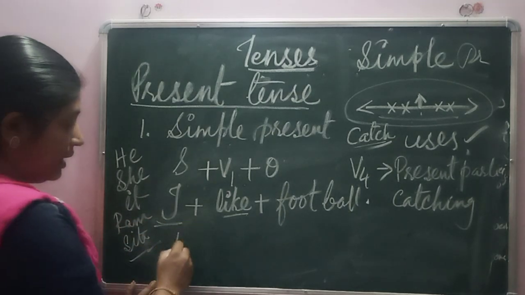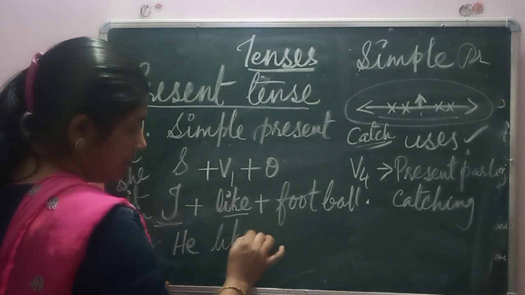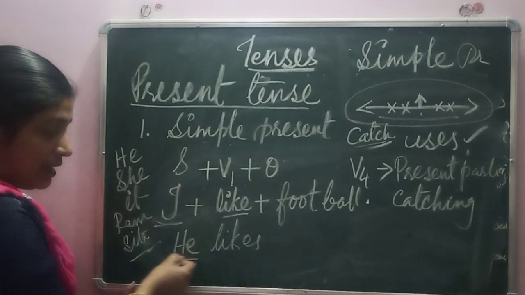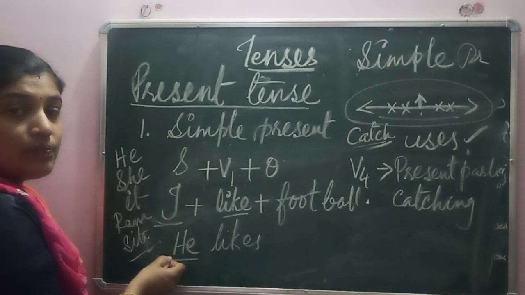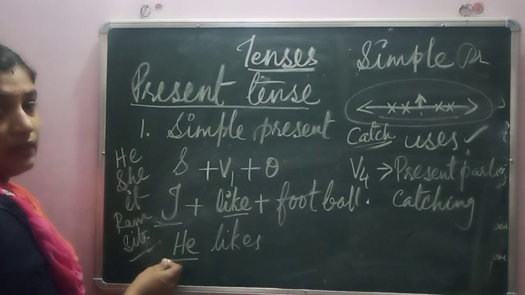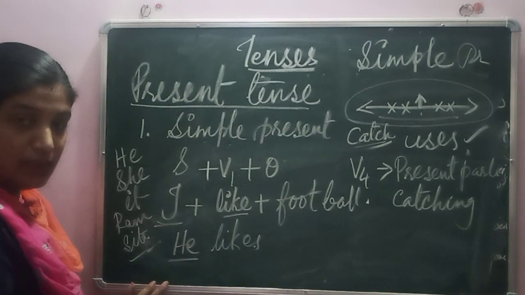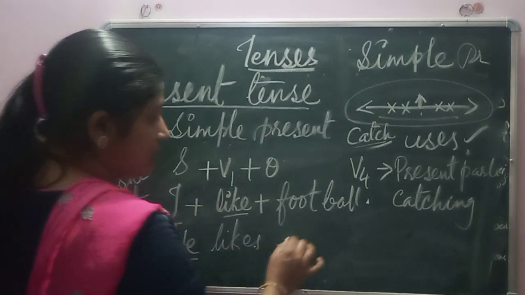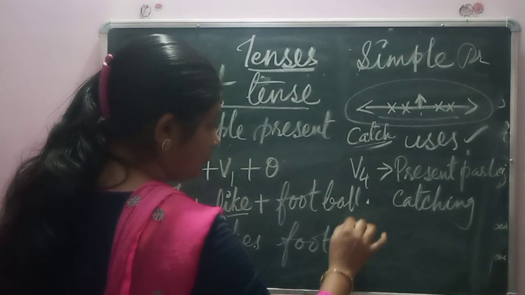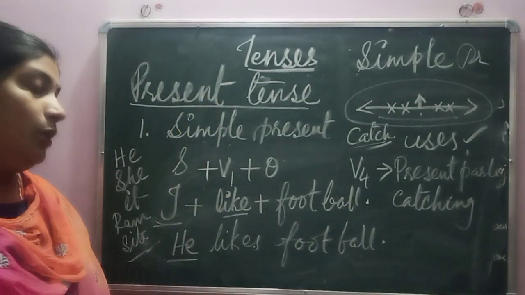So if it is he, V1 will be he likes, because the subject is third person singular. So we have added an s to the verb in simple present tense. He likes football. If it is they, they like football.